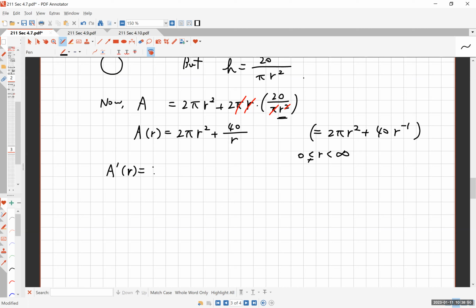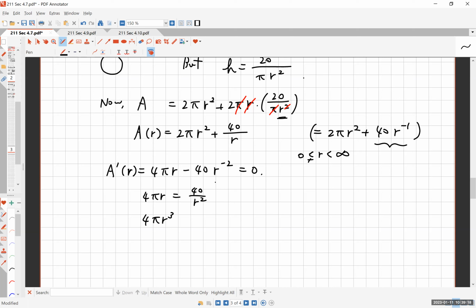Take the derivative of this. It's 4 pi r and then negative 40 times r to the negative 2, or you can write this as minus 40 over r squared. Set this equal to 0. Maybe it's easier if you write it this way, 4 pi r equals 40 over r squared. Now remember, r is not 0, so you can multiply both sides by r squared.